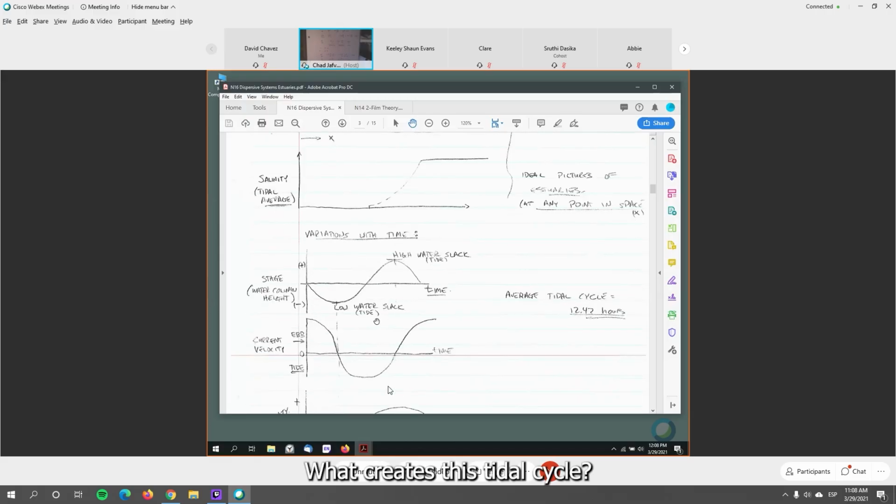What creates this tidal cycle? It is written here on the sheet. If you look carefully, hold on just a second.